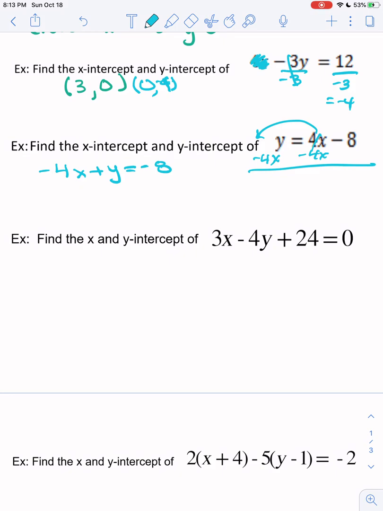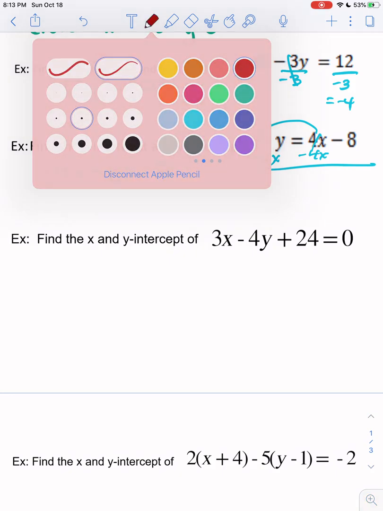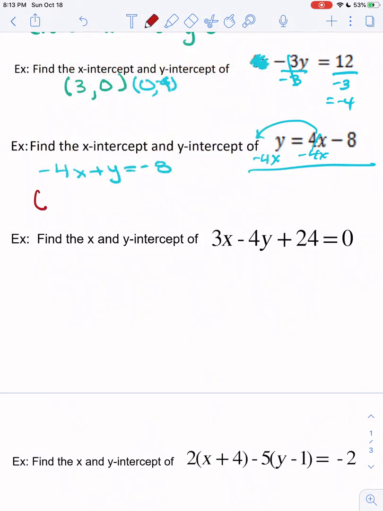Now let's try my shortcut again. To find the x-axis, I'm going to set y equal to 0. So my trick again is I'm just going to get rid of the y. So I have -4x equals -8. Divide each side by -4. It looks like our x is going to be 2.